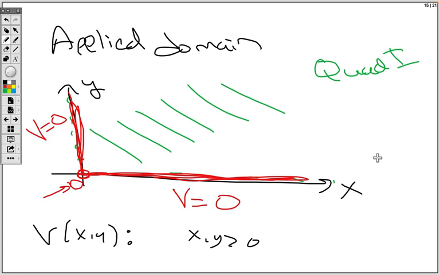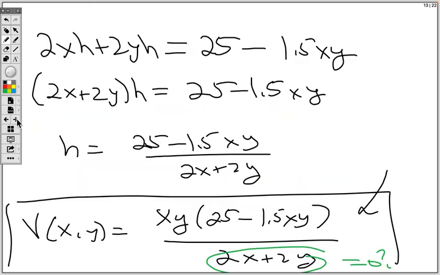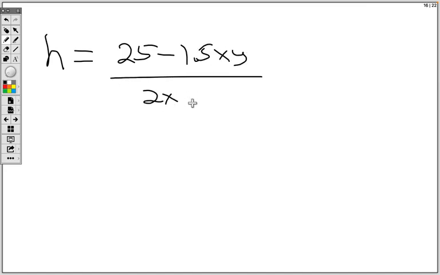And the other argument is, technically we don't have any other restrictions on x and y, but we're building a box. Okay? So you can say, well, we do have a restriction because we know what h is in terms of x and y. h is this: it's 25 minus 1.5xy over 2x plus 2y.